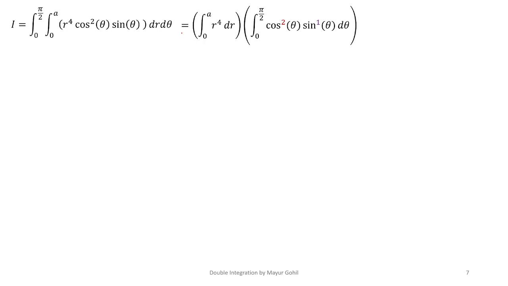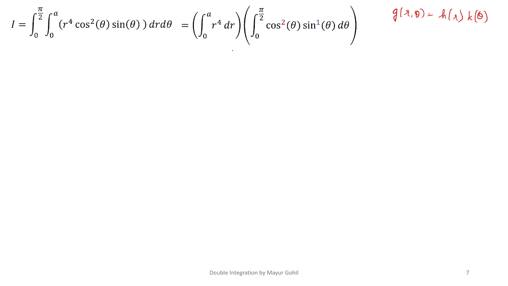This can be done over here because we saw that the function is multiplicative in nature. This g of r theta can be written as h of r times k of theta, right? So this is multiplicative in nature, so the integral can be split up because of Fubini's theorem.